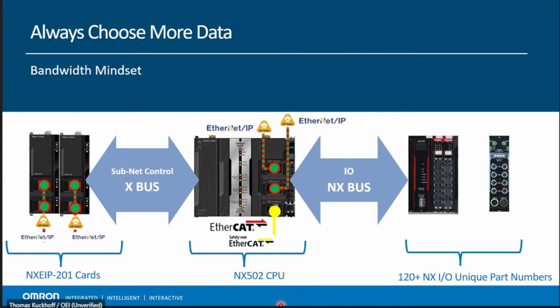And to add to that, we're also showing our safety processor, our safety CPU, which can go on that right-hand side of that NX5, allowing for both safety, motion, and of course data to be in a central unit, thus allowing so much unification that is needed as, once again, IIoT continues to permeate into the industry.